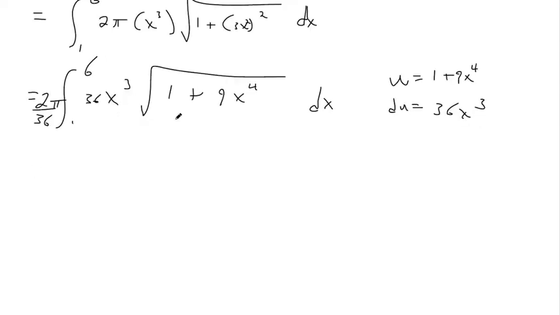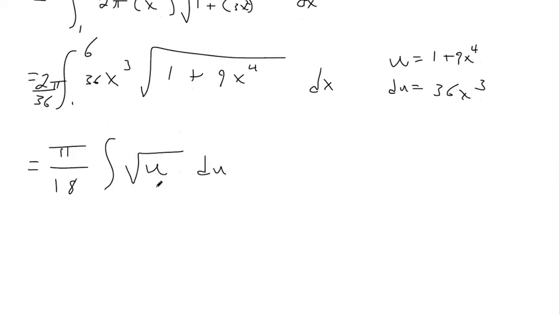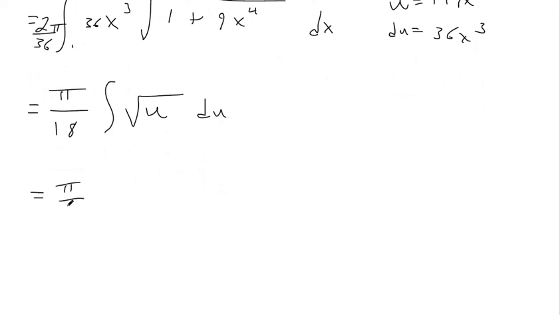So we've got our du, we've got our u, so now we're ready for the antiderivative. Well, not quite. Square root of u du. The power goes up by 1, but we need to multiply by the reciprocal of the exponent. So that's 2/3 u to the 3/2.